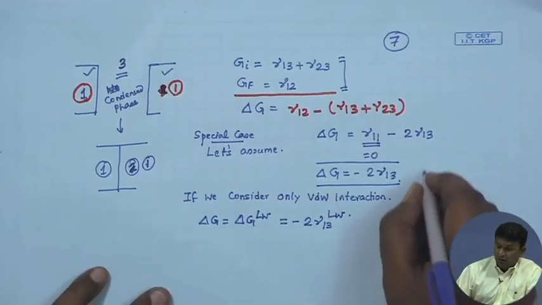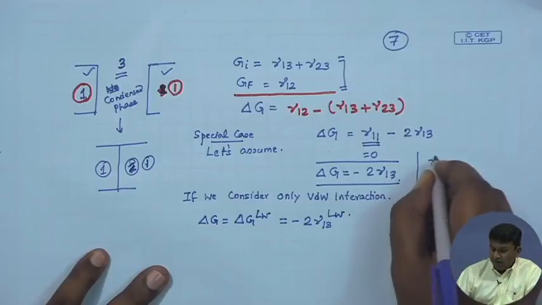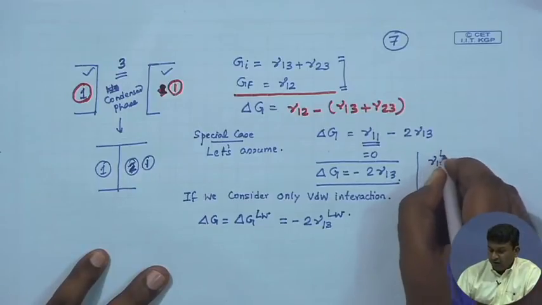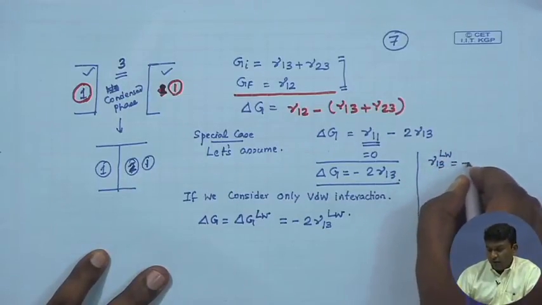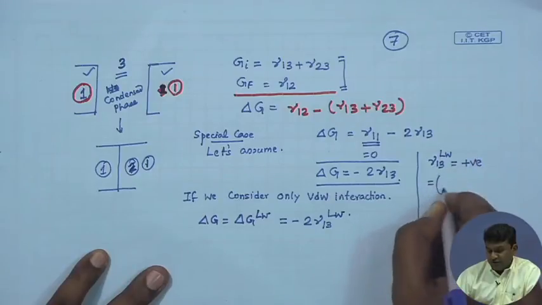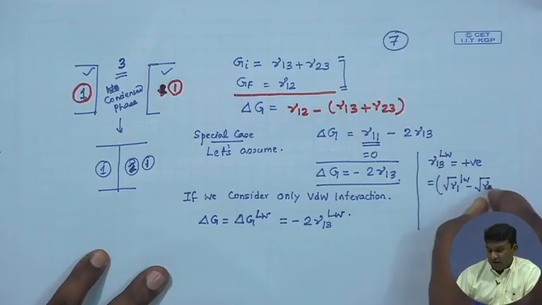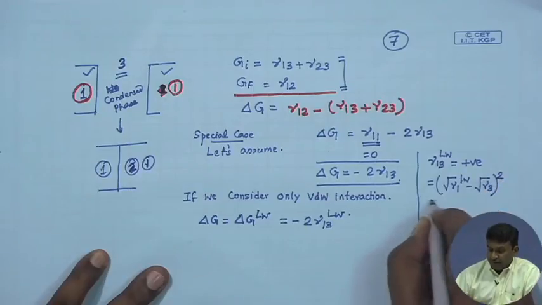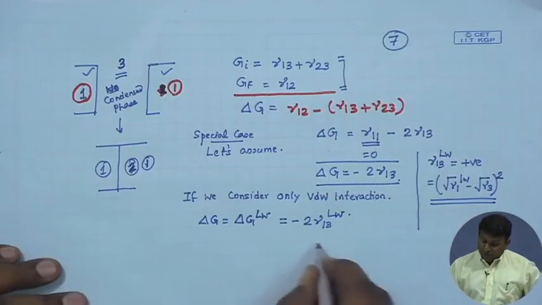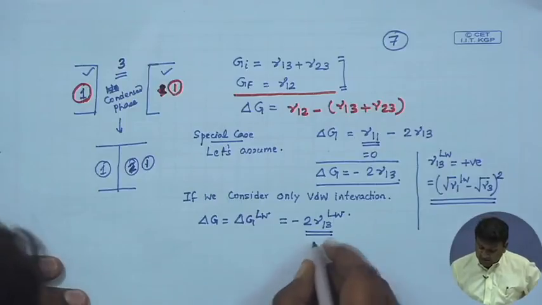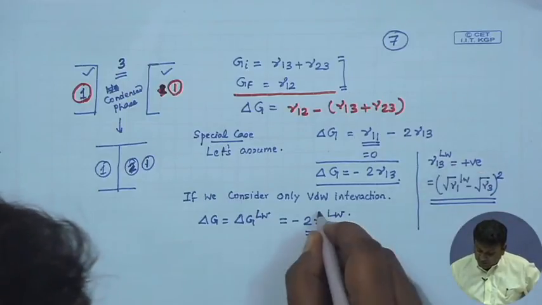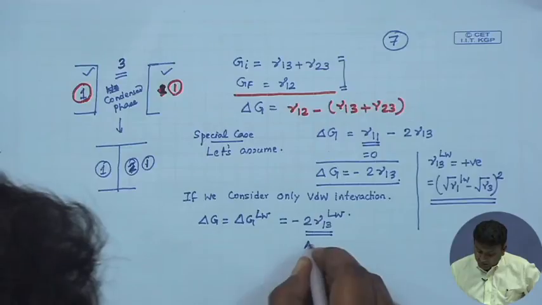What have we already learnt? We have learnt that gamma 1 3 LW is always positive, because its expression is going to be gamma 1 LW minus gamma 3 LW whole square. So, what does it mean? That since this entity is always positive, this is going to be always negative.